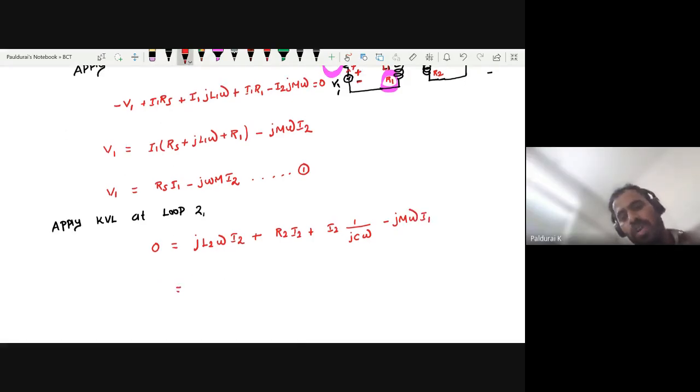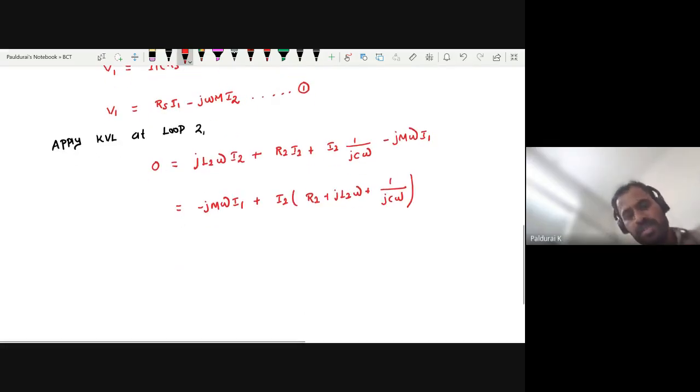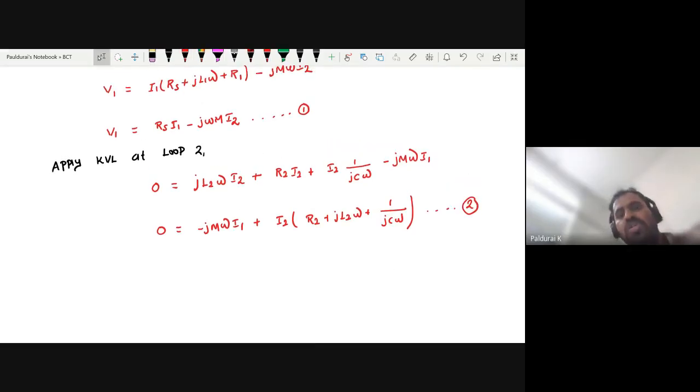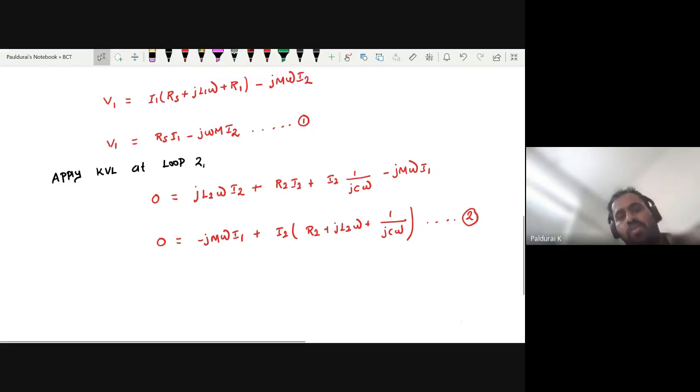Now, minus j M omega I1 is the coefficient of I1, plus the coefficient of I2, which becomes R2 plus j L2 omega plus 1 by j C omega. This is my equation number 2. Any doubt in developing equations 1 and 2? Just apply KVL, mesh analysis.